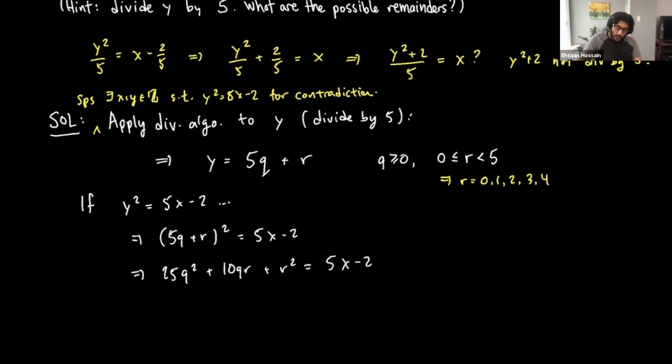Factor out as many 5s as I possibly can. So if I factor out 5s here, from the 25q squared, from the 10qr, and the 5x, this becomes, r squared plus 2 equals 5 times (x minus 5q squared minus 2qr). There we go.